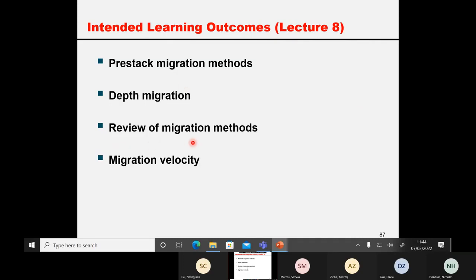We also reviewed migration methods. As I already said, we do need all these methods, just like tools in your toolbox, right? For real data processing, you do need to use all of them one by one. And finally, the migration velocity is the key.